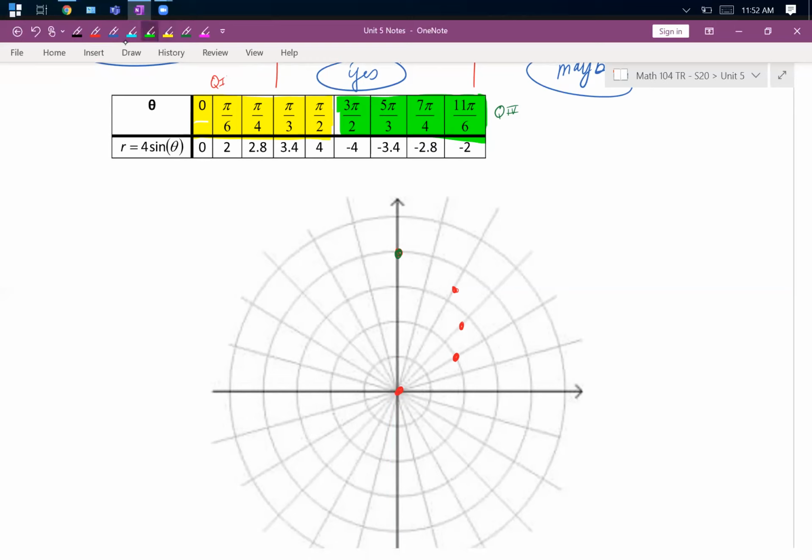Next up is our angle of 5 pi over 3. There's our angle right there. Our r value again is negative, so we're going to go in the direction opposite of our angle, and we're going to go 3.4.